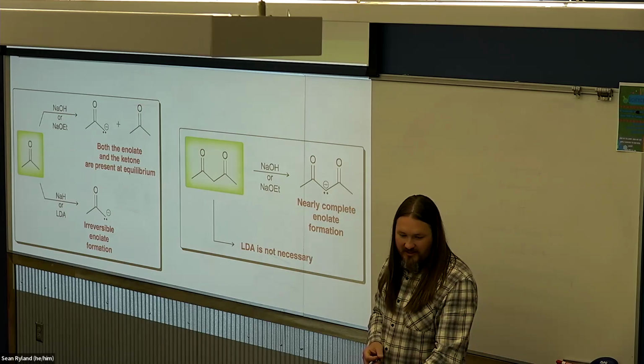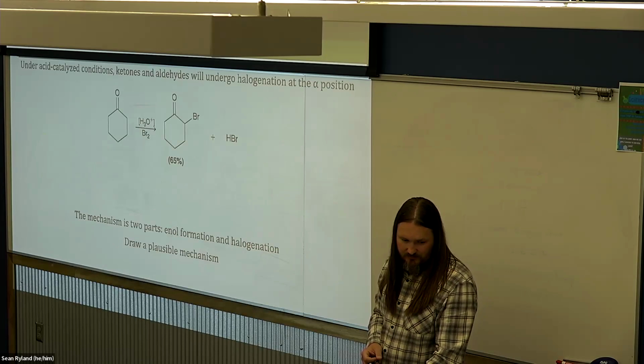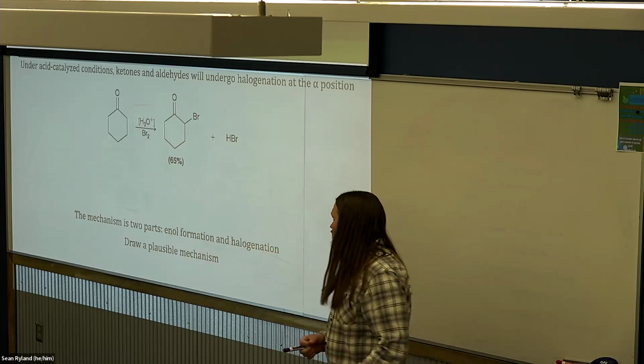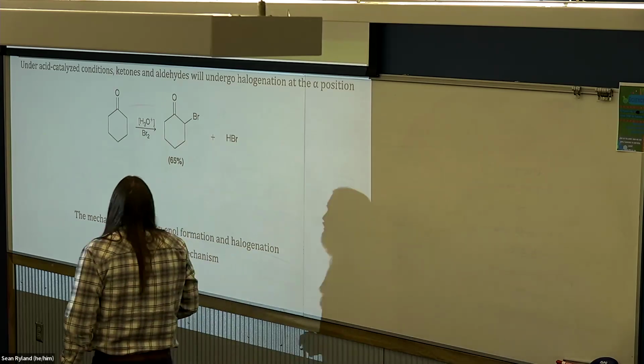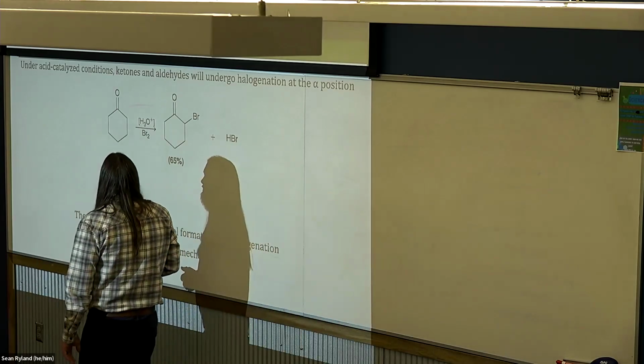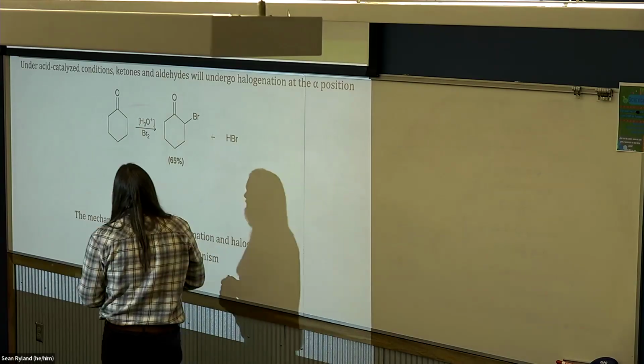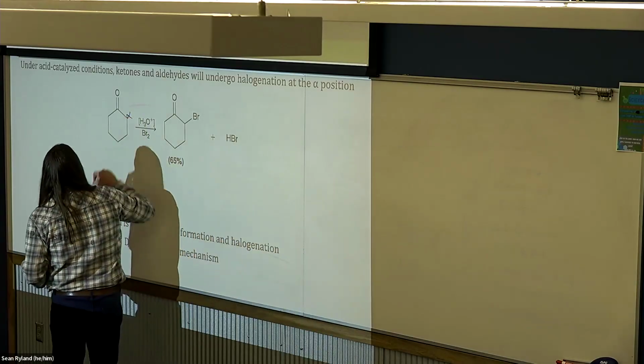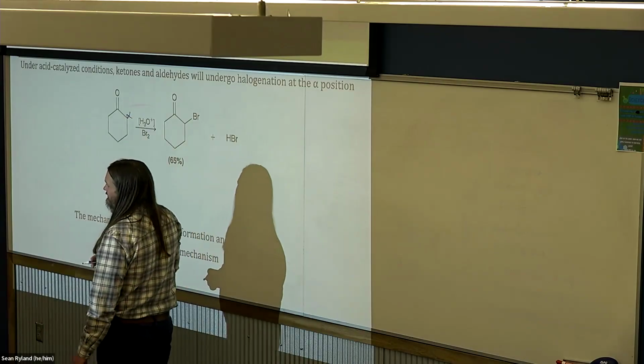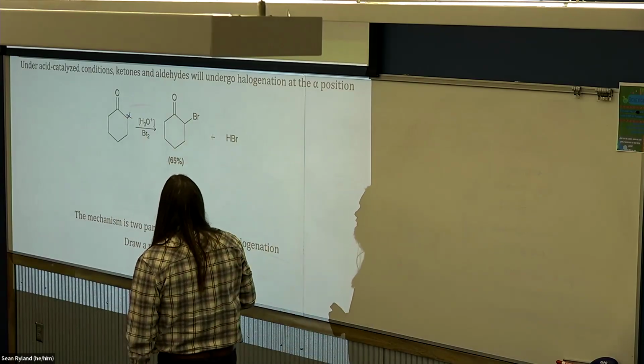So the reaction we didn't get to yesterday, before we do some practice, is if we can make an enolate, that also means that this alpha carbon winds up being a pretty reactive point.